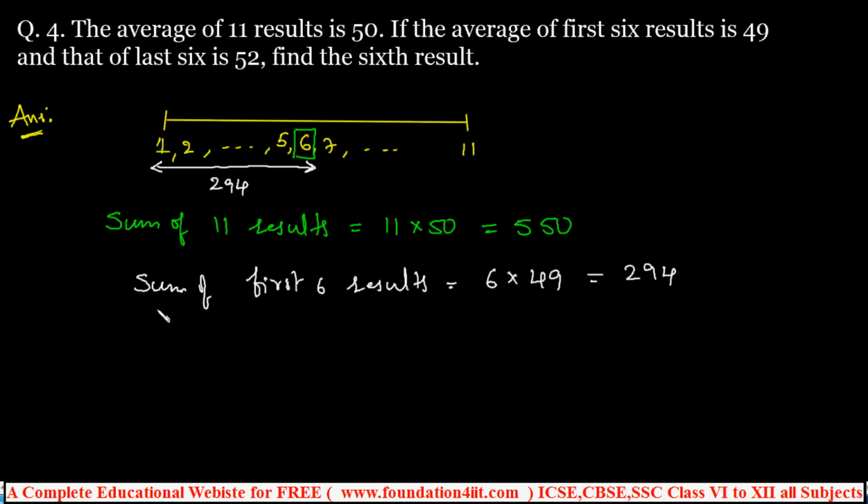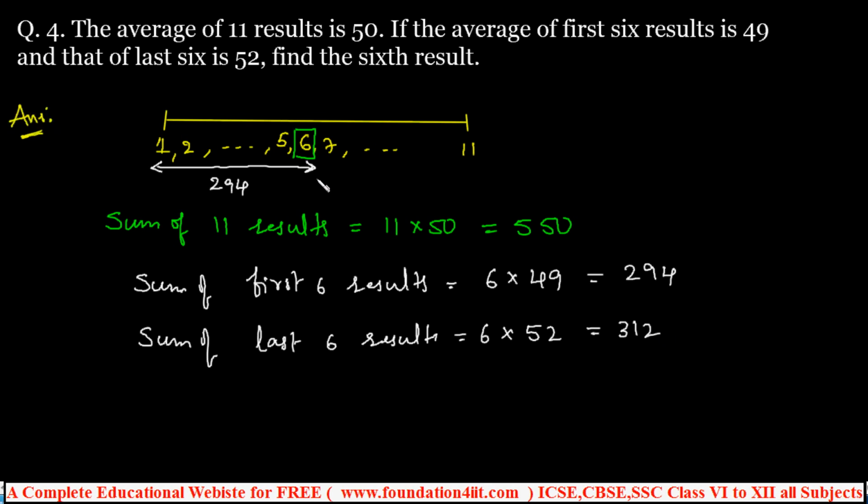And the sum of the last 6 results, where the average of the last 6 is 52. In the same way, the sum of the last 6 results is equal to 6 into 52, which is 312.